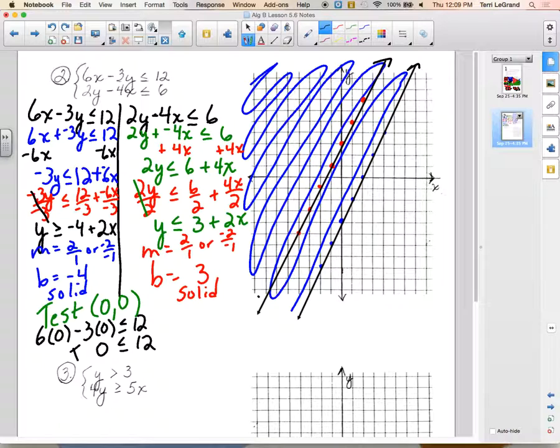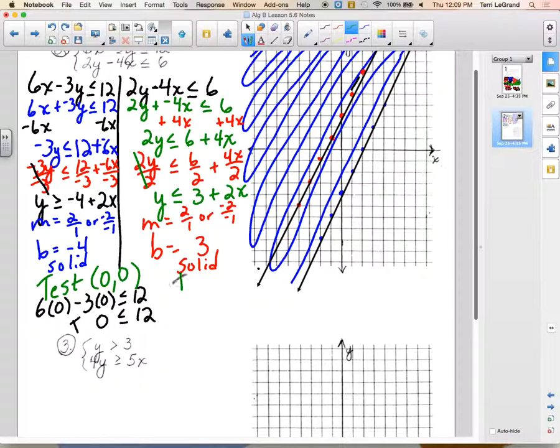Okay, next thing we have to do is get our brains to say, I know there's a lot going on here, but what's the line I just graphed, and what test point am I going to use that's not on the line? So here's the line we just graphed, the one on the top. Can we use 0, 0 again? Yes, it's not on that line, so we can test 0, 0.